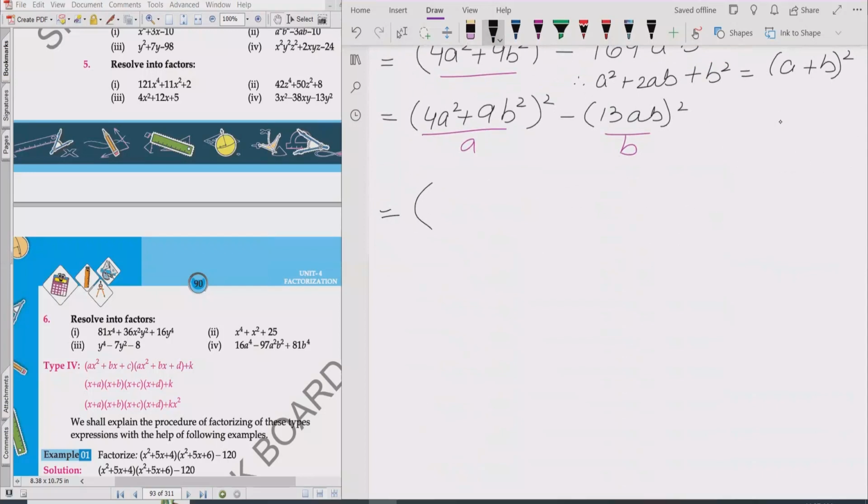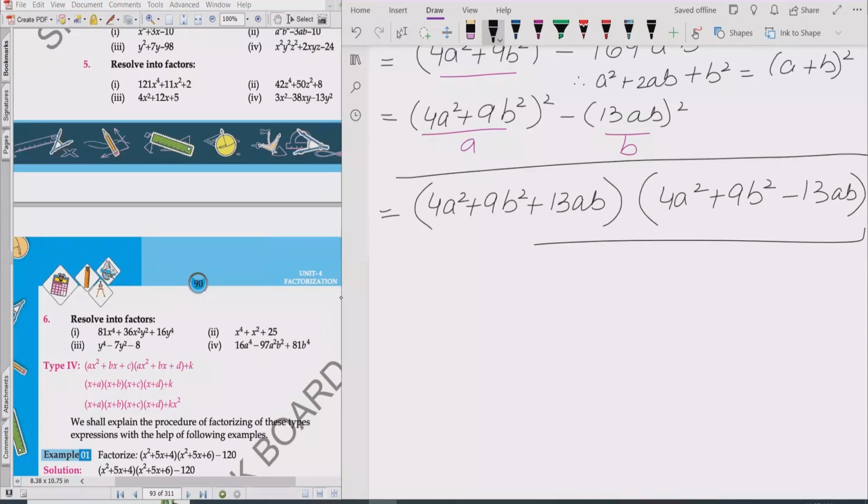Now we have the formula: (4a^2 + 9b^2 + 13ab) multiplied by (4a^2 + 9b^2 - 13ab), right? So these are the factors of this question, and we have to give the reference here, a^2 - b^2. So this is the answer of this question.